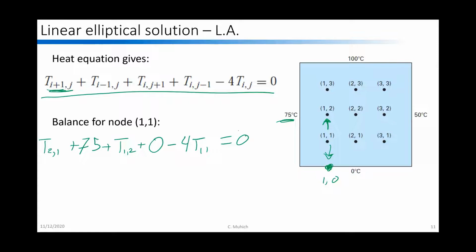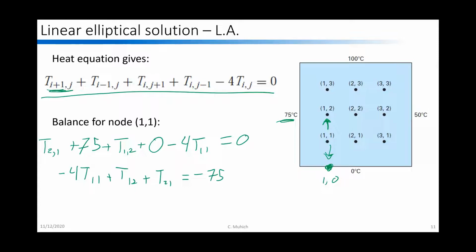So I can clean all of this up and put them in a nice linear algebraic formula. So I could say -4 t11 plus t12 plus t21 equals -75.